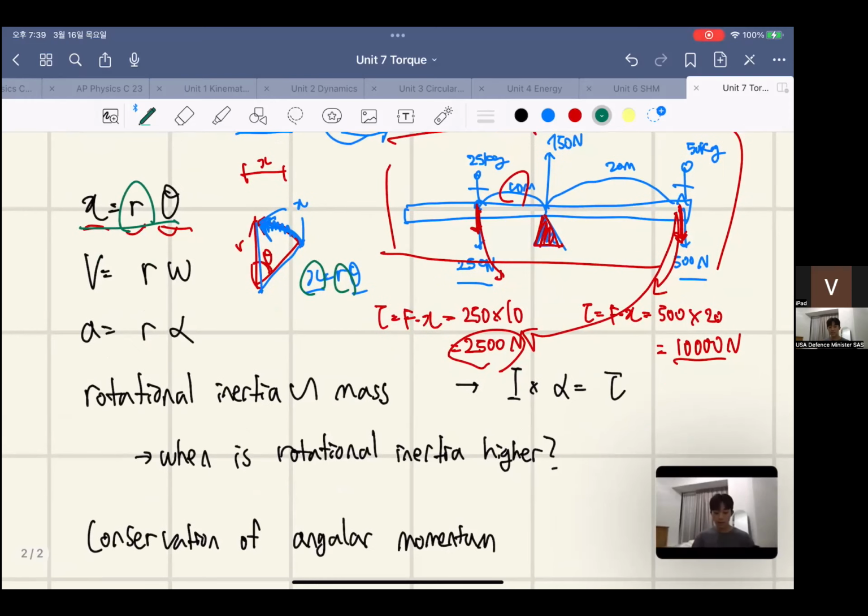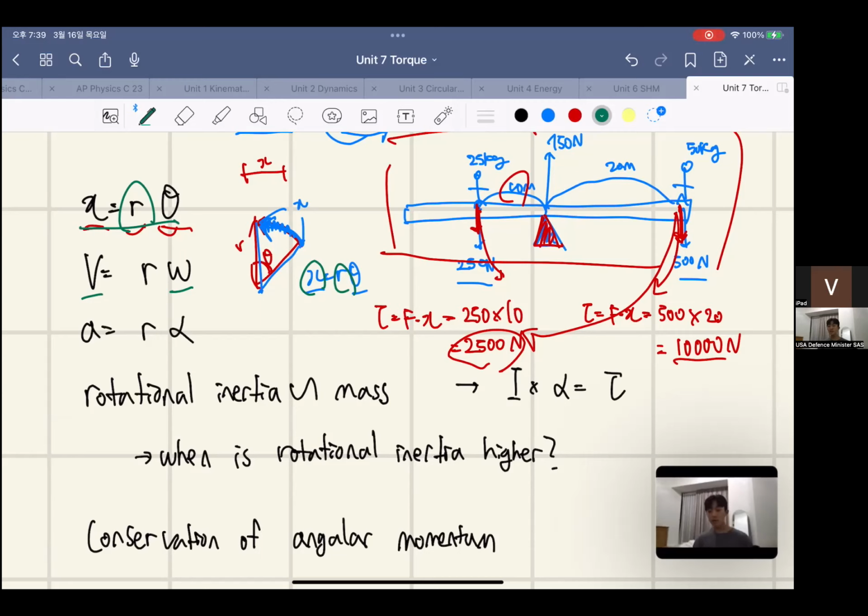Now, what's interesting is we can apply this relationship to different variables as well. Omega, angular velocity, and v, linear velocity, also have the same relationship. Linear velocity equals radius times angular velocity. This is also very obvious if you think about it.